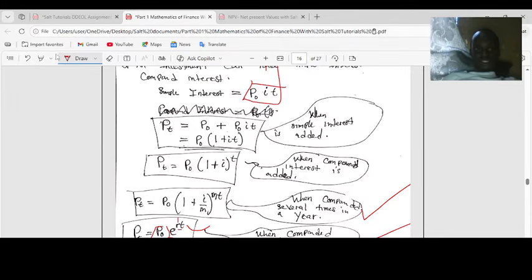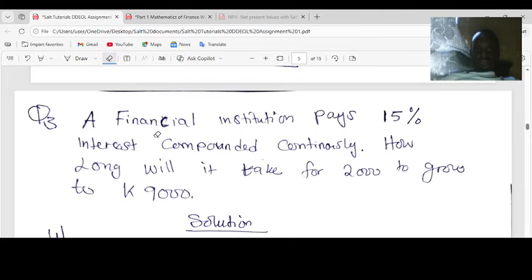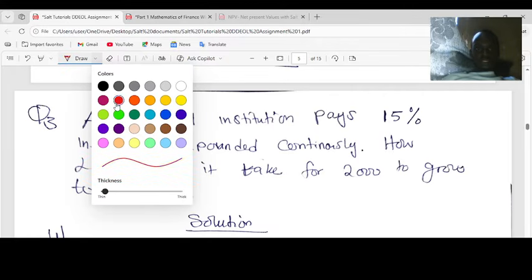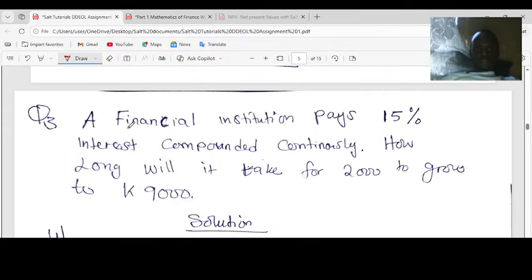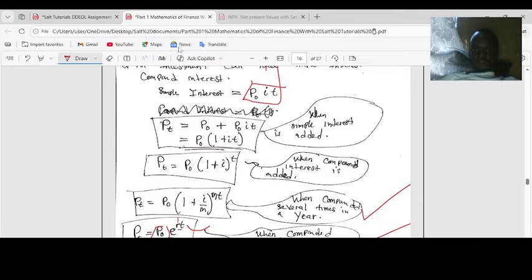Now let's go back to your assignment. Just running through. Here the question says a financial institution pays 15% interest compounded continuously. You are being told it's compounded continuously. Remember what we just said.